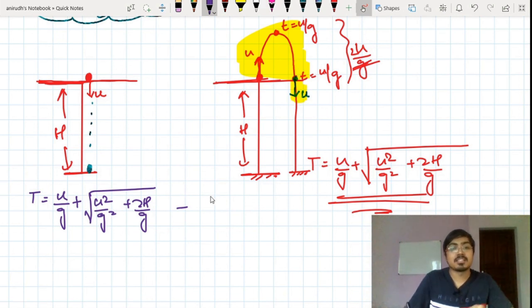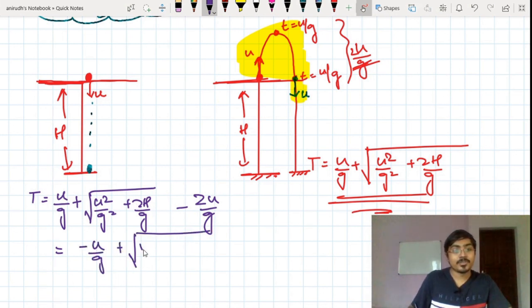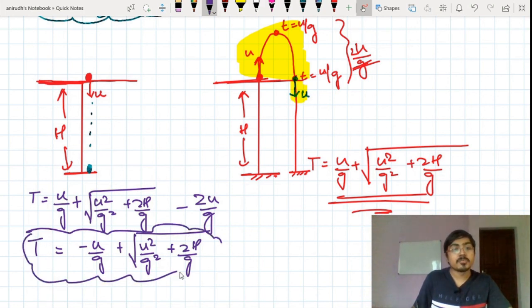If I subtract this 2u by g, I will get an equation that is minus u by g plus root of u square divided by g square plus 2h divided by g. So this is the time of flight of a body which is directly vertically thrown downwards. And how would we get that? We could get that from this particular formula itself. So this formula is so useful that you can solve many questions with it, right?